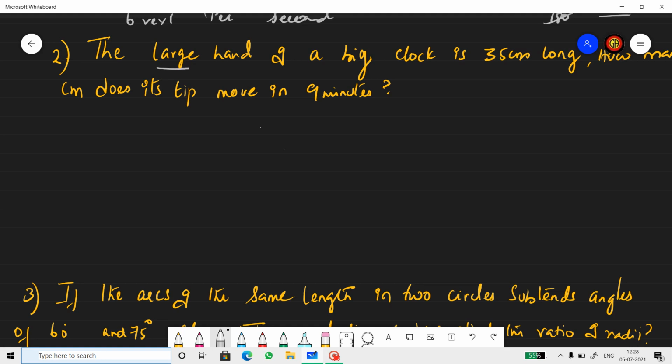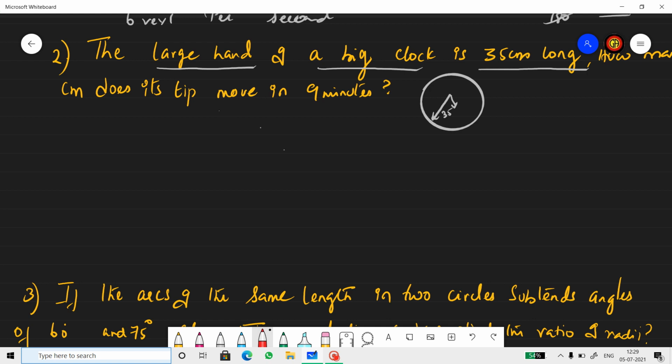The larger hand of a big clock is 35 centimeters long. How many centimeters does the tip move in 9 minutes? Okay, clock, larger hand and smaller hand. The larger hand of the clock is 35 centimeters. How many centimeters does its tip move in 9 minutes?